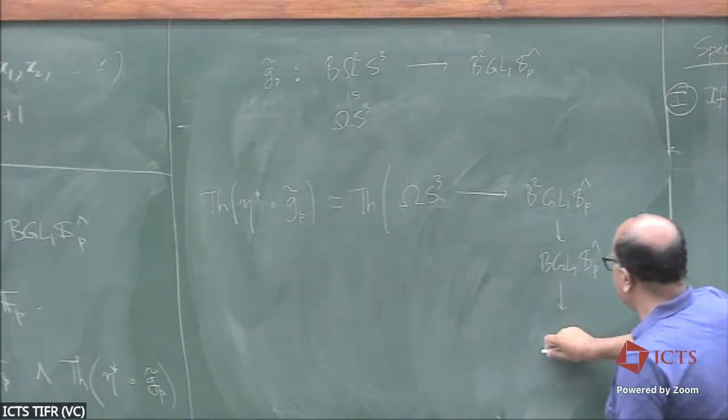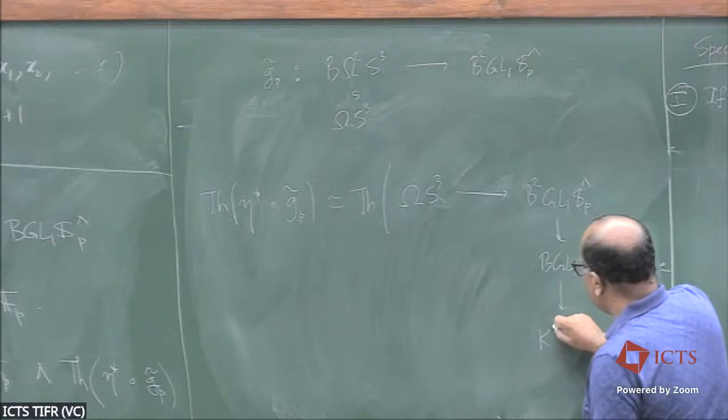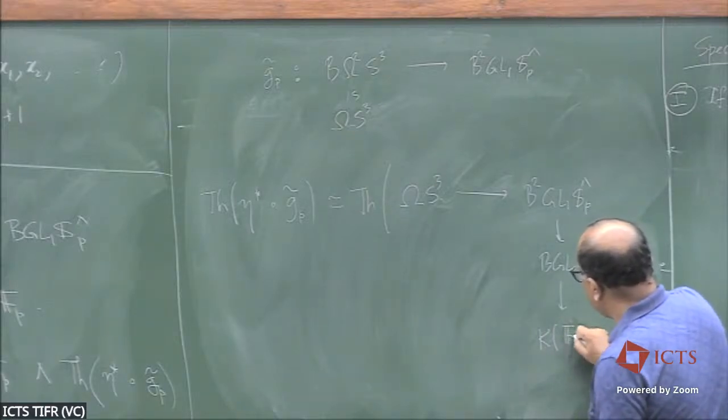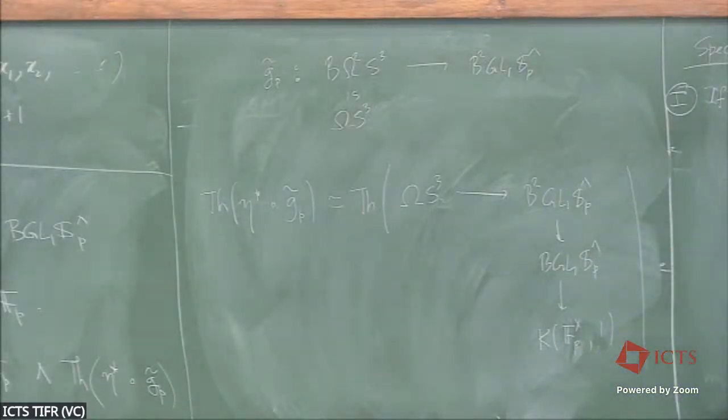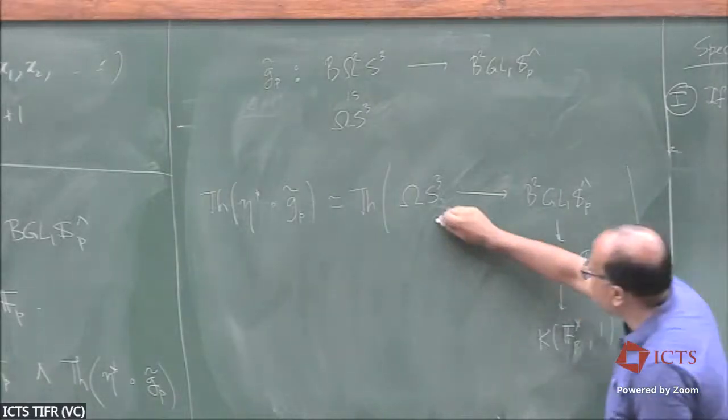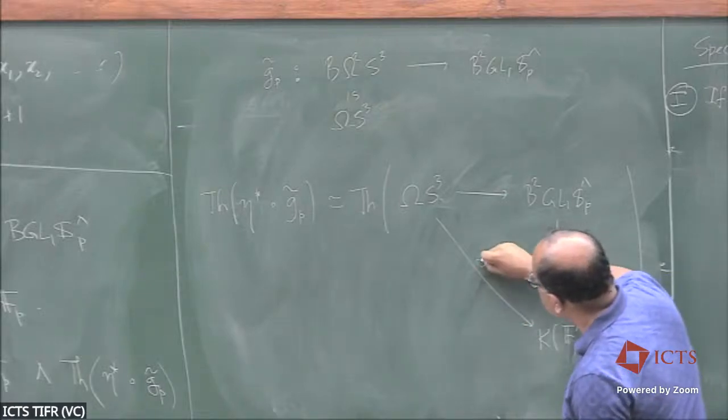So that's like K Z mod p, K Fp cross 1. But omega S3 is 1-connected, so any map from this to K Fp cross 1 is null homotopic.